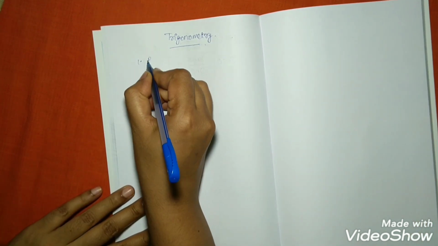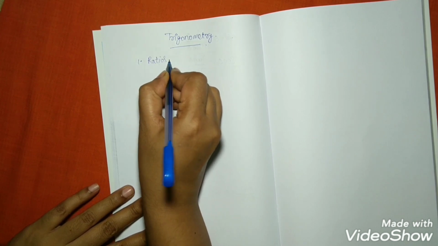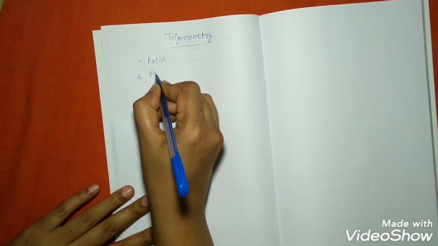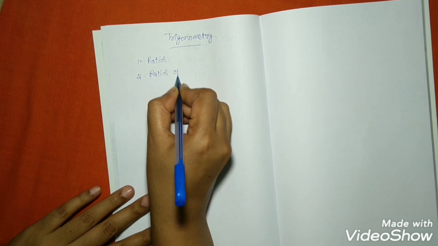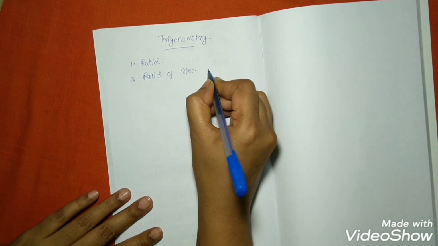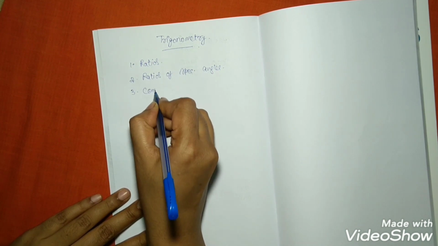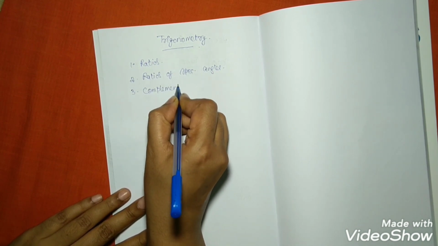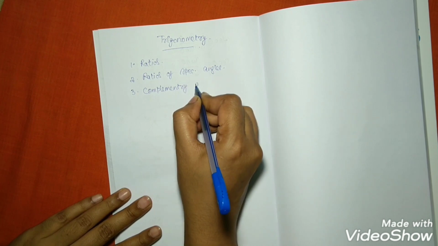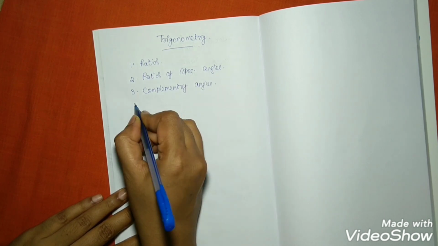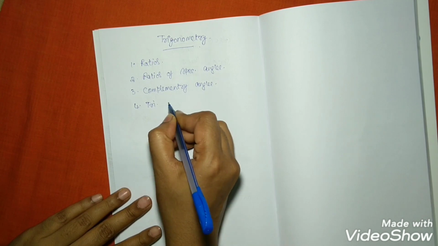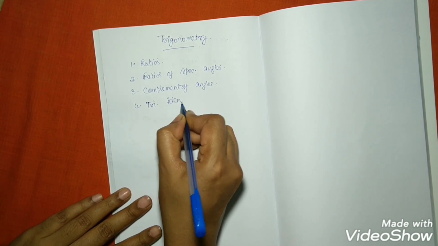These are trigonometric ratios and ratios of specific angles, and then we have complementary angles, and the last one is trigonometric identities.